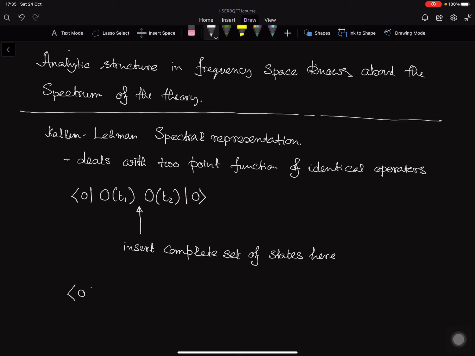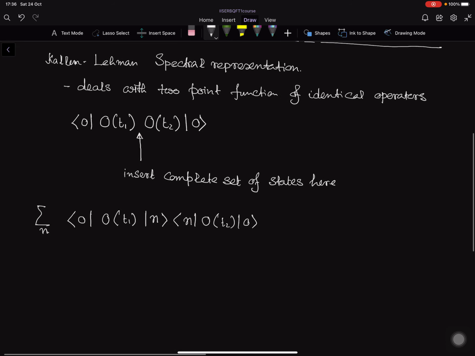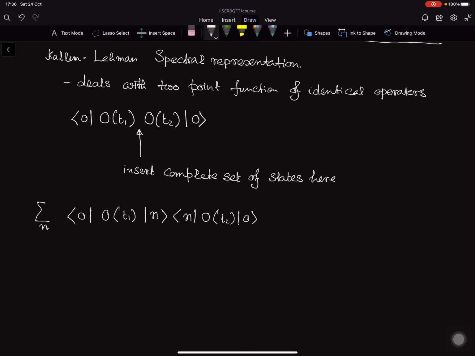Then we put the expression for these operators in the Heisenberg picture, in terms of the Heisenberg picture evolution.